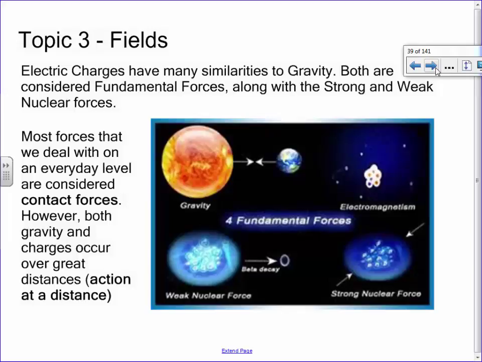I didn't throw it down. Well, it's due to a gravitational field. That's our way of trying to describe these actions that happen without us physically being able to see the push or the pull. There was a pull between the Earth and the pen, causing those two objects to come towards each other. So a field is the way we describe these actions at a distance, which is what I have highlighted down there.